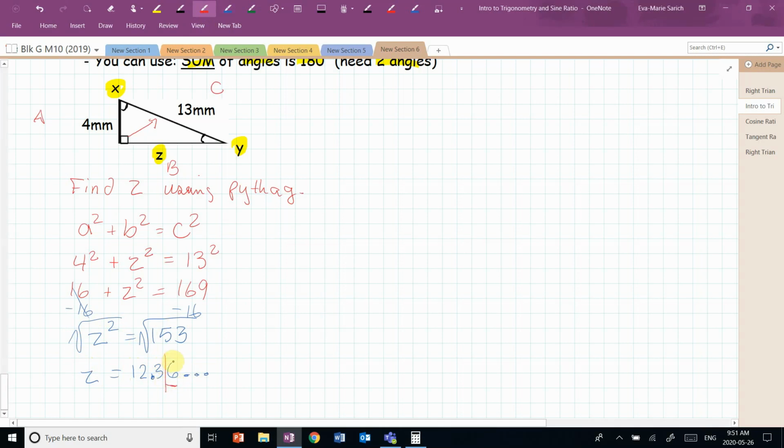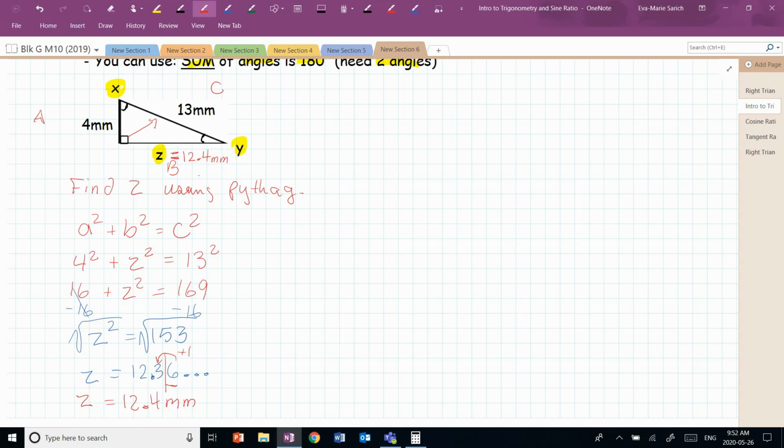That's a 5 or higher, so we add 1, and that means Z is equal to 12.4, and in this case it's millimeters. So we found this side to equal 12.4 millimeters.